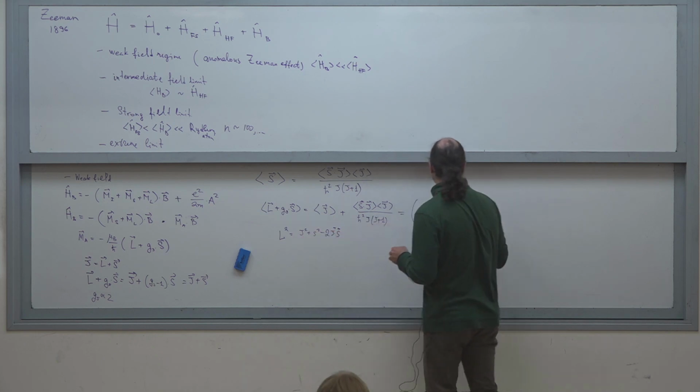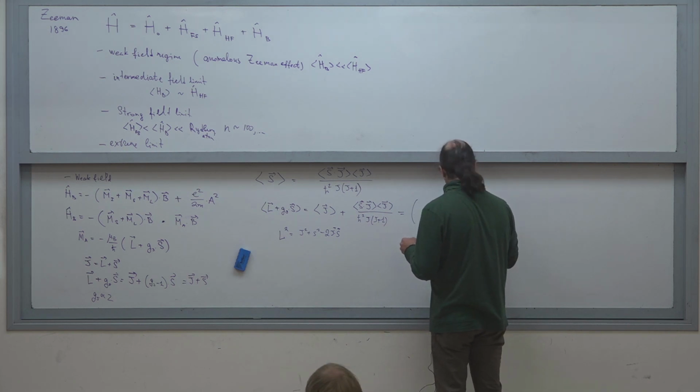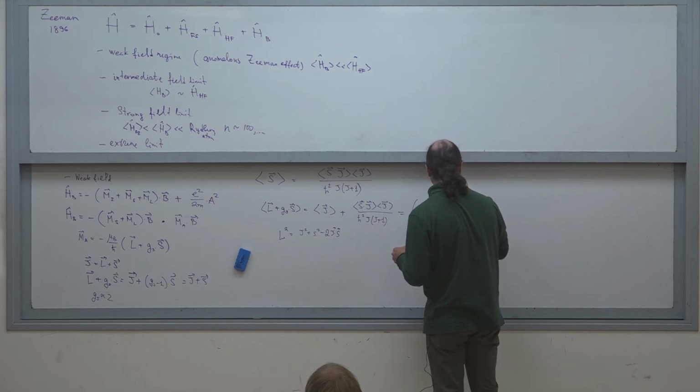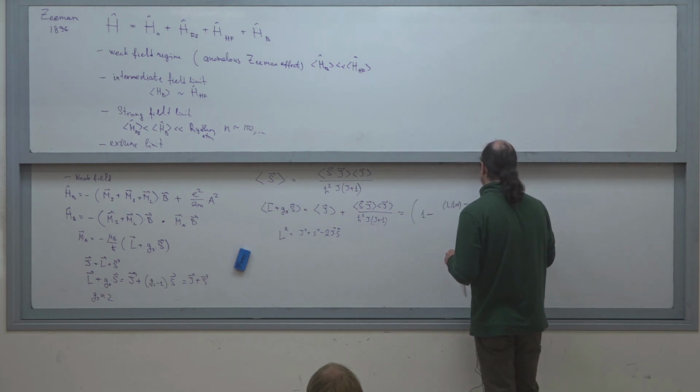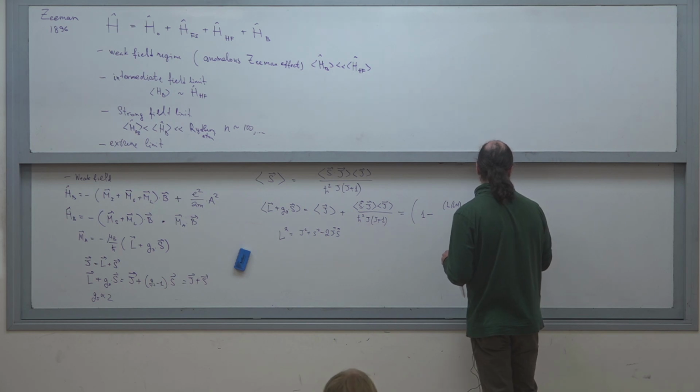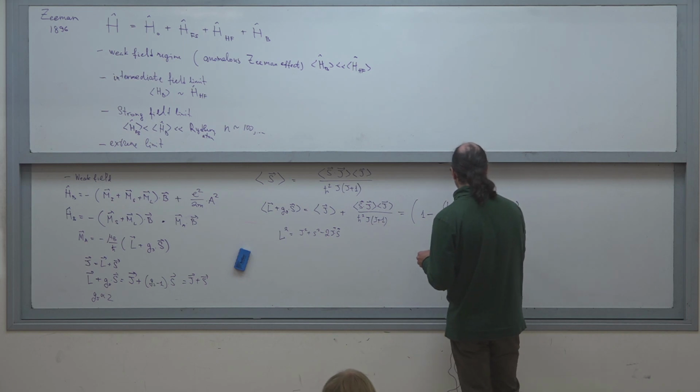So L squared gives me L multiplied by L plus 1, minus J multiplied by J plus 1. Well, I'll leave it large values. Minus S multiplied by S plus 1. This is divided by 2J, J plus 1.